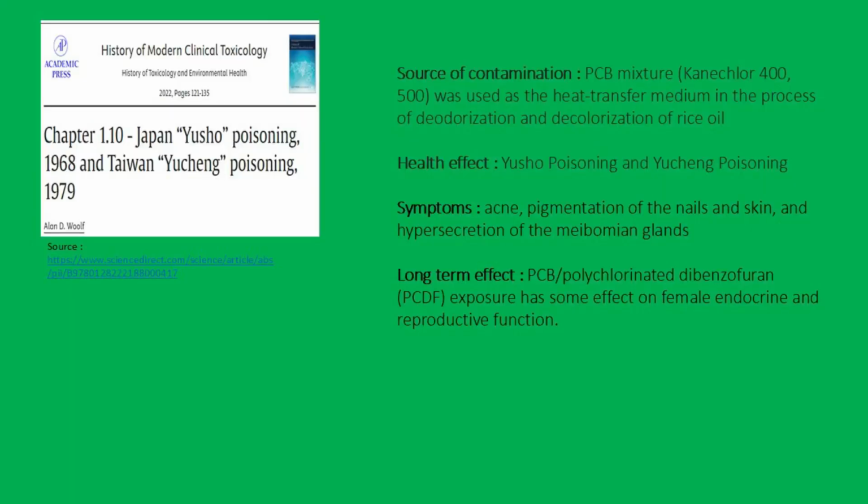Because the contaminated food is similar in Japan and in Taiwan, there was a study published in the journal History of Modern Clinical Toxicology. The title is Chapter 1.10, Japan Yusho Poisoning, 1961, and Taiwan Yucheng Poisoning, 1979.